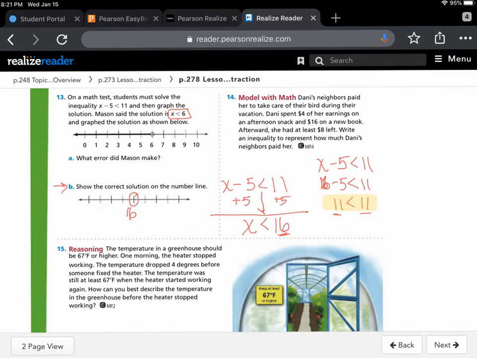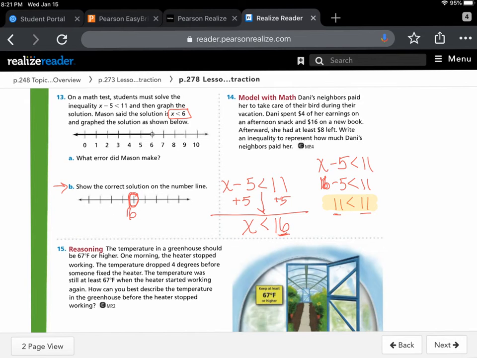So that's what I'm looking for. Do I have the same number on both sides, just like it's an equation? And I do, so it means I have the right solution. But then how can it be that 11 is not less than 11? Well, what that means is at the 16, I can't color it in. I just leave the circle open. So I do put a circle at 16, I just don't color it in. So it's an open circle.